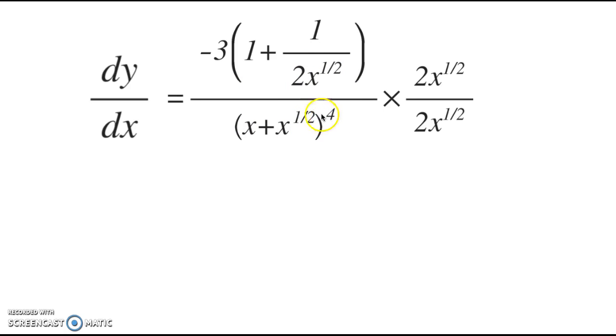Now, I don't like the fraction inside of a fraction, so you multiply the whole numerator and the whole denominator by 2x to the 1/2 over 2x to the 1/2.